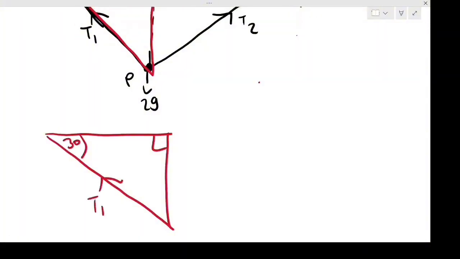So if I want to split up this force T1, firstly I'm going to have to go up like this and then to the left, okay? And so this side, opposite the angle, is going to be T1 sine 30. And this side is adjacent, so this is going to be T1 cos 30, okay?